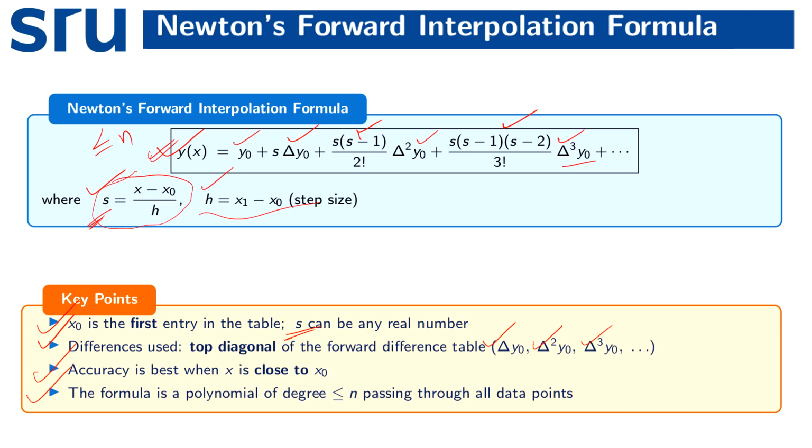So what this formula actually does is build the value of y_x step by step using the initial value y_0. Corrections are made using first, second, and third differences, and each term improves the accuracy of the approximation. So it is really important. Now we are moving to the next slide.